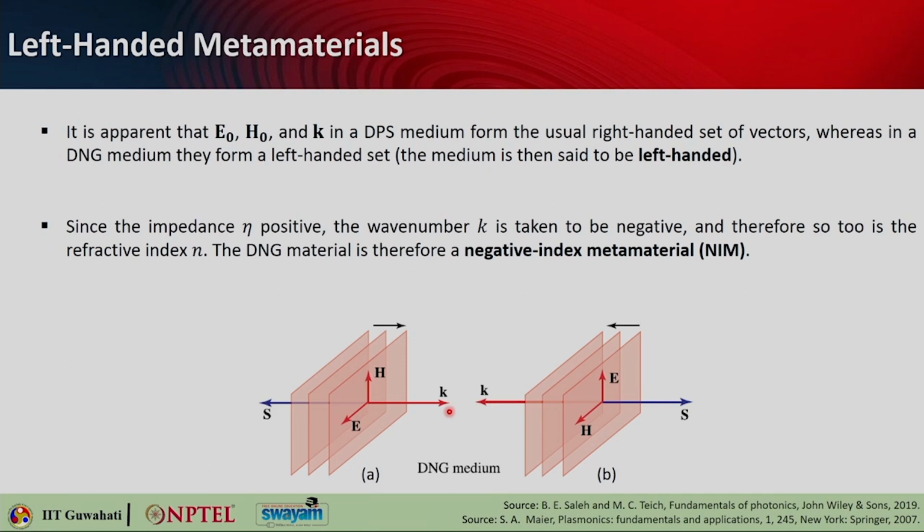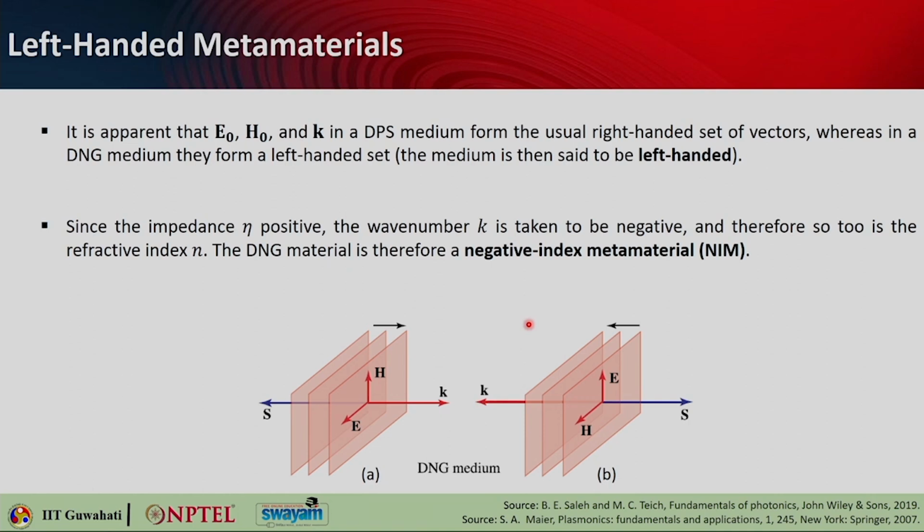Now when you compute eta, you will see that the impedance eta is positive. However, the wave number K is taken to be negative, and therefore the refractive index also comes out to be negative. So this kind of double negative material is called a DNG material, and it is also called a NIM material, negative index material.